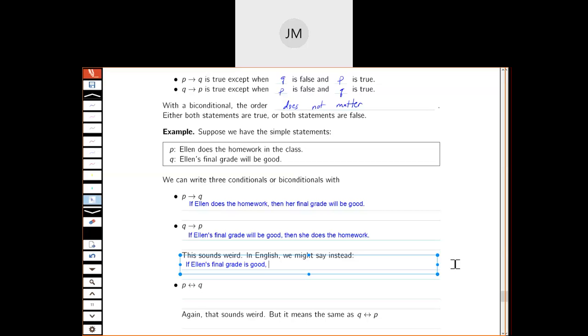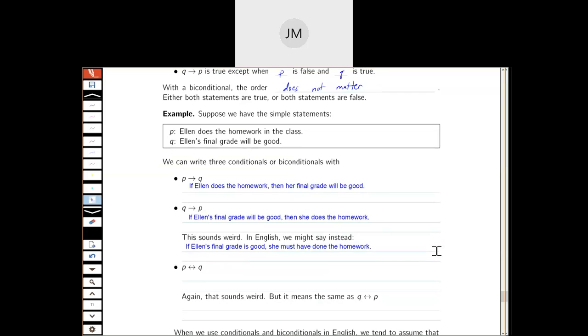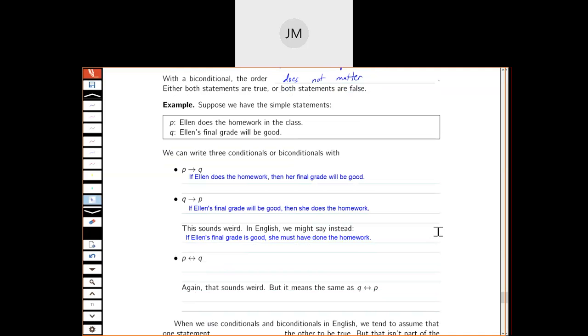For example, if Ellen's final grade is good, she must have done the homework. We didn't say the then part, but it's implied. That's really common when we're saying or writing things in English. You certainly don't have to include both the if and the then in English for it to be a conditional statement.